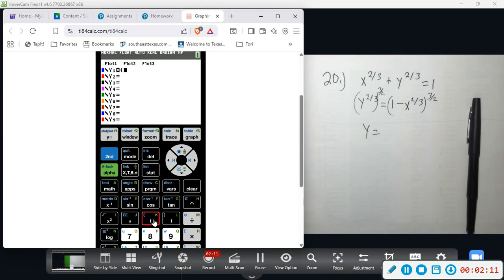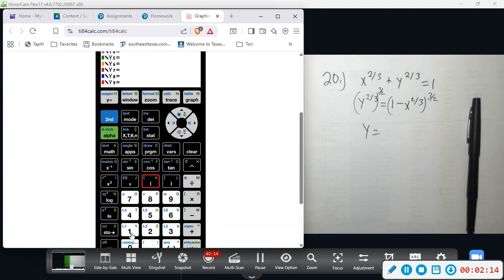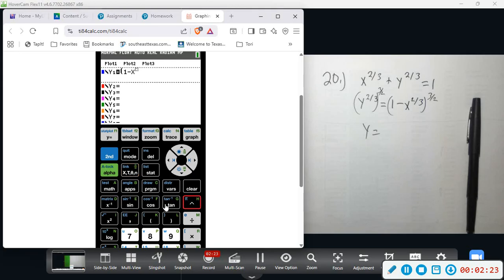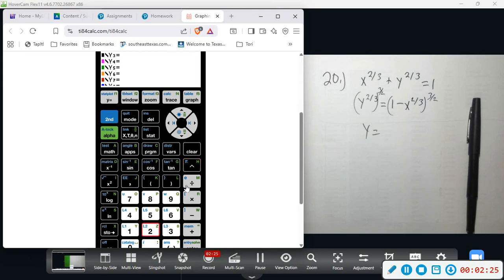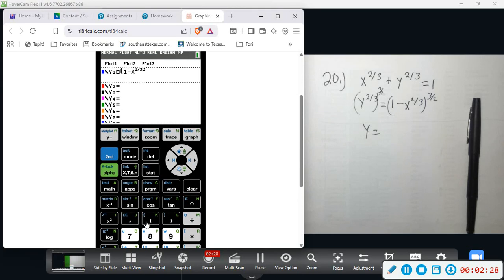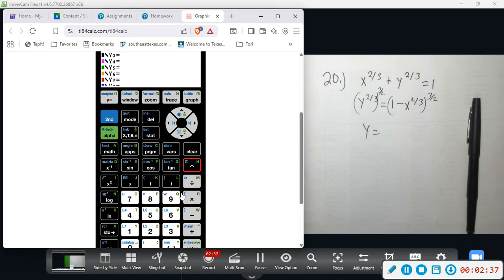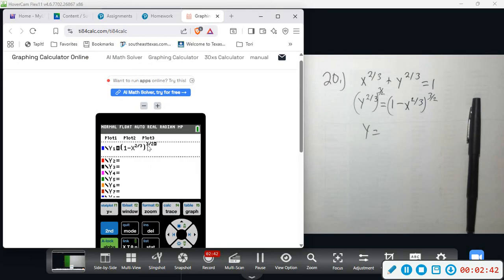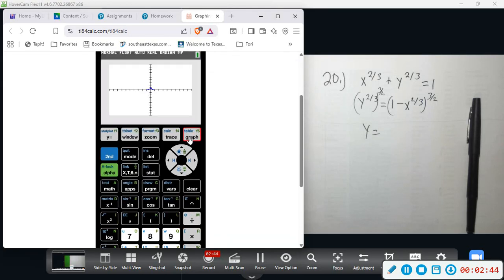We're going to go parenthesis 1 minus x, raise that to the 2/3 power, and then raise this to the 3/2 power. All right, let's see if we can graph.